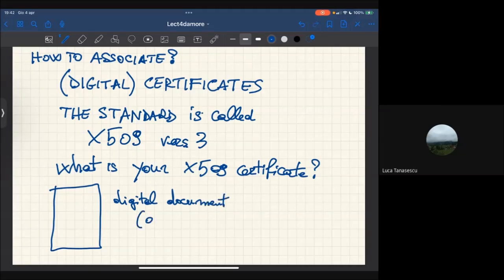This is the digital certificate, containing several information, but the most important part of this information is a name and a public key.